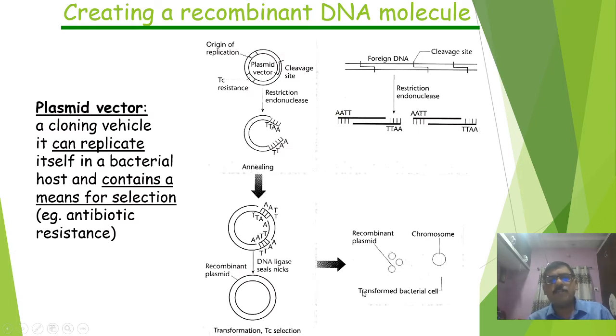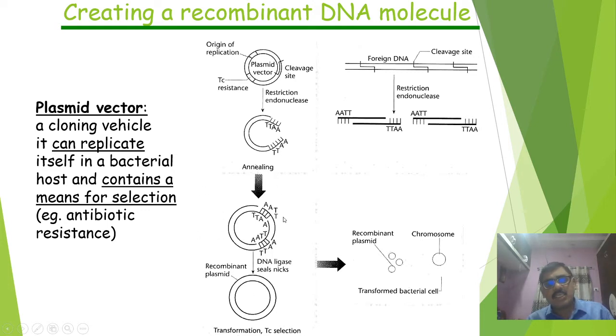Then this is a common procedure that we use in recombinant DNA technology. This is the plasmid vector. This is the cleavage site where you have cut, and this is the foreign DNA, and these are the unpaired bases, which we call a sticky ended molecule. In such sticky ended molecules, the complementary sequences will anneal together and seal the nick.